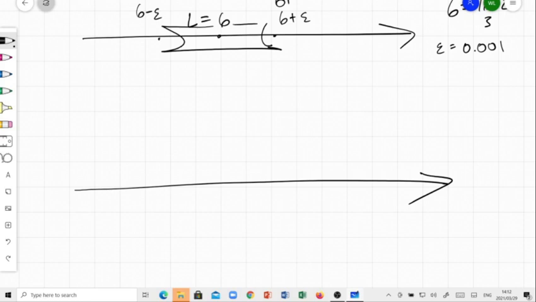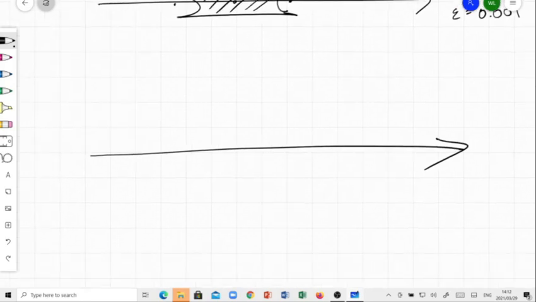I want the y's to be within 0.001 of 6. Now that is very, very fine, very, very close. So for this challenge, remember our point of approach is 3. So 3 is here, and here's the origin, 0, 0.